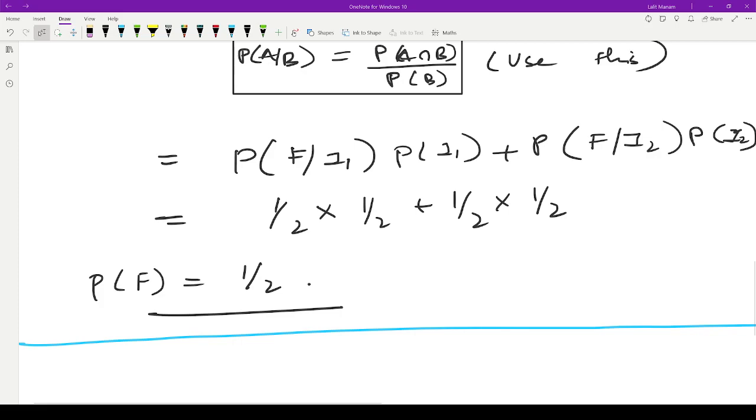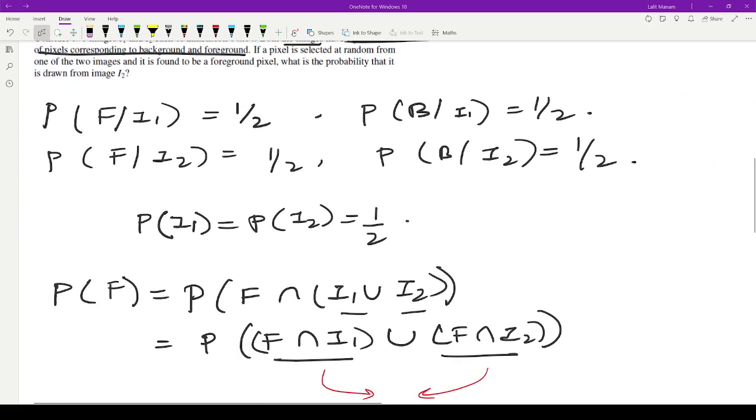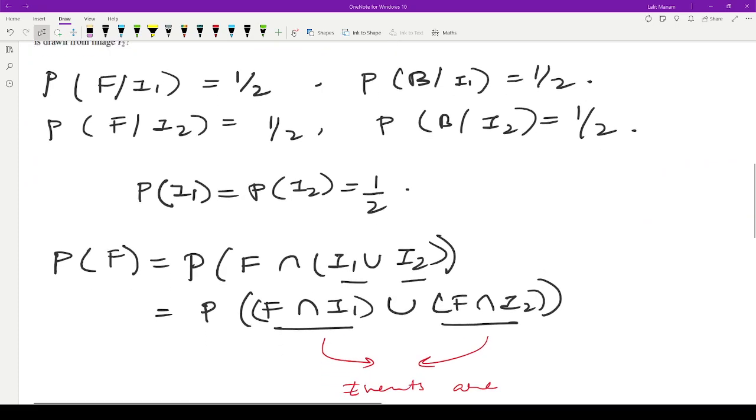Yes. So they have asked for finding the probability that the pixel is from I2, given that it is a foreground pixel, right? Where we are calculating only from probability of foreground. Okay. So we need to calculate probability of I2 given F, right? Yes.